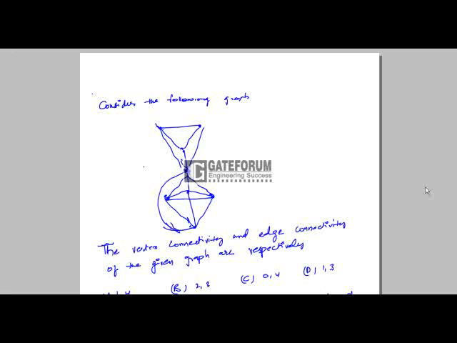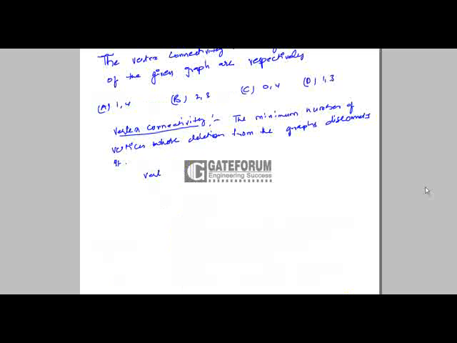So here the vertex connectivity is 1. Now we have to find edge connectivity.